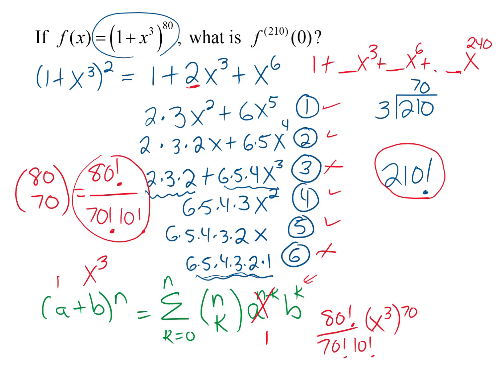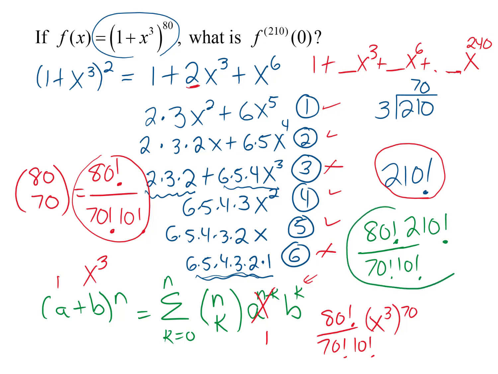So you can see the original term was an x to the 210. So taking 210 derivatives, we have a constant, and that constant will be the original coefficient of the term times 210 factorial, by taking the derivative 210 times.